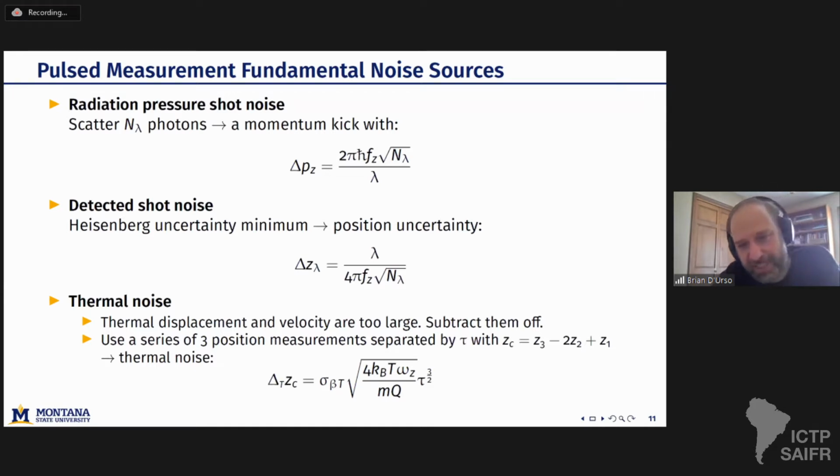It's thermal noise. In our system, if you do even a simple estimate of the thermal noise, you find out that if you're trying to do measurements of the position of the particle at the standard quantum limit, that thermal noise dominates to such a large extent that you will never see quantum limited measurements.